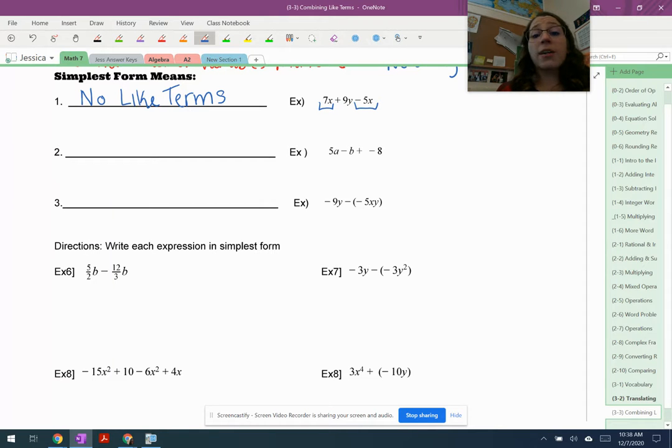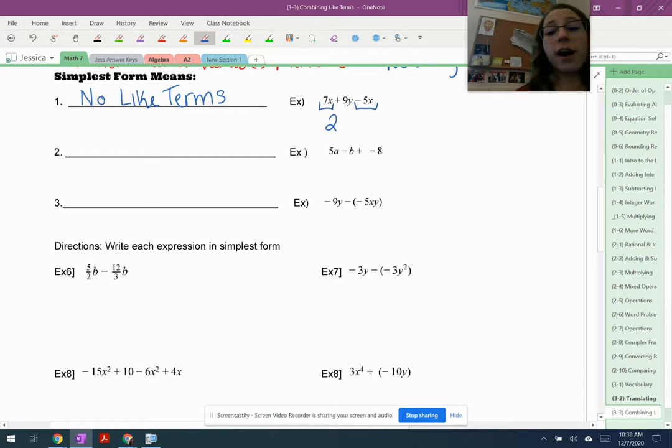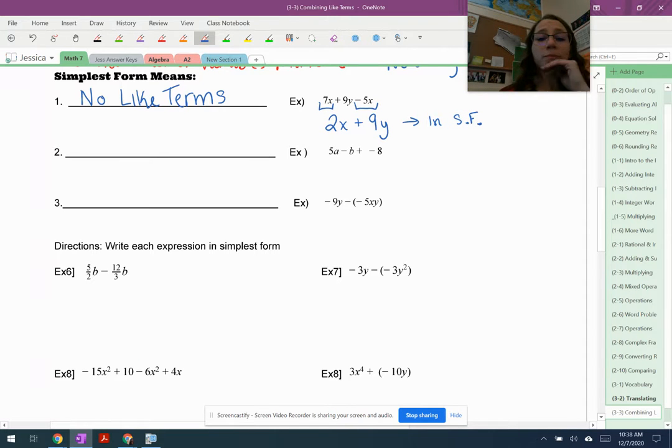So 7x, or 7 apples, minus 5 apples, or 5x, would give me 2x. So 2x plus 9y is the simplest answer. So now it's in simplest form because I combined those like terms.